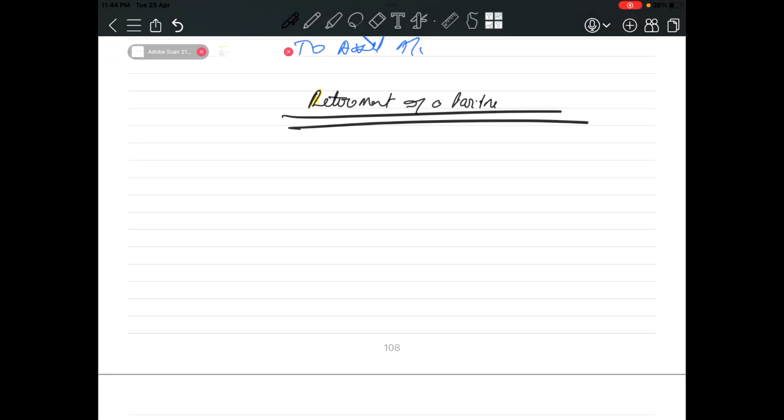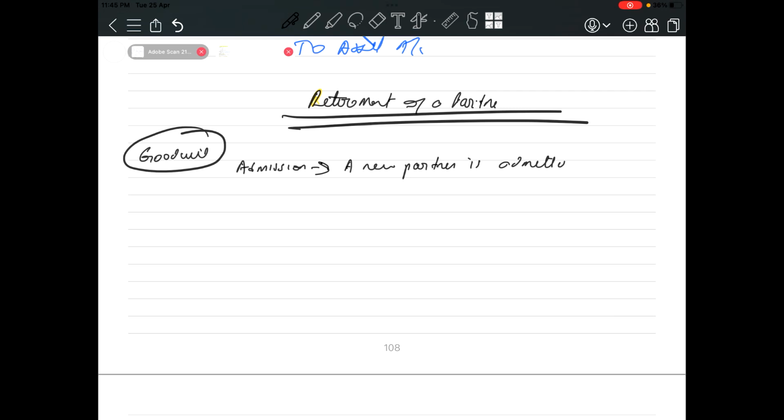Now see what will happen in case of retirement of a partner. I have to tell you a few things regarding goodwill and regarding the amount distributed to the partner. Let's talk about goodwill. We know that at the time of admission a new partner is admitted.